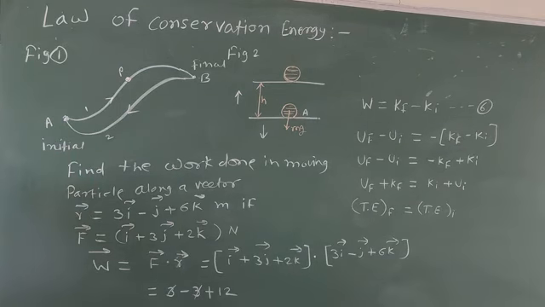And here we know that the unit of work is the Joule, 12 Joule. In this way, we can find the work done during the motion of that particle along that vector r, by applying the external force F bar, using the formula F bar dot r bar. Thank you.